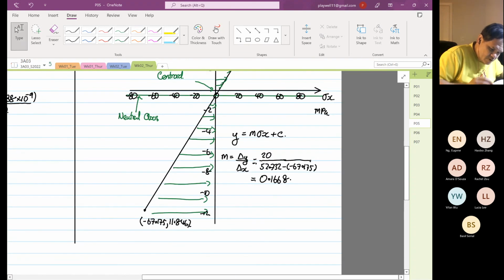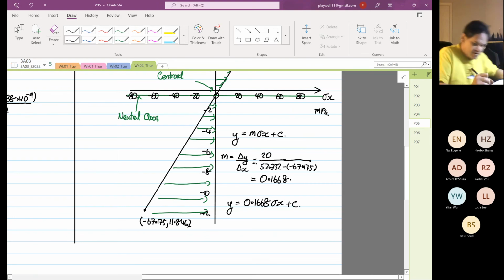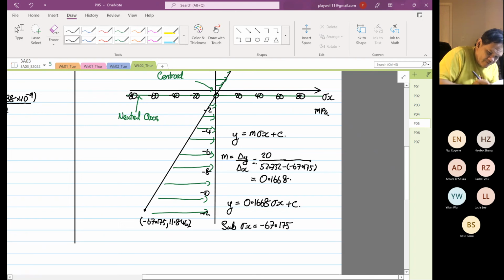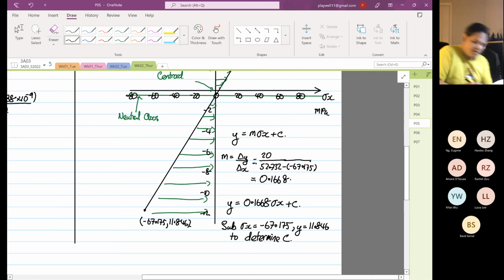So next, this is y is equal to 0.1668 stress x plus c. Okay. So we are going to substitute when stress x is equal to minus 67.175, y is equal to 11.846 to determine C, the y-intercept.